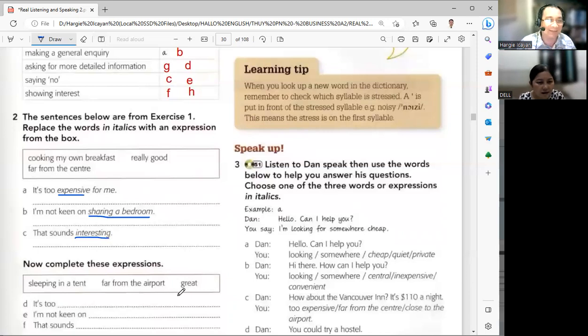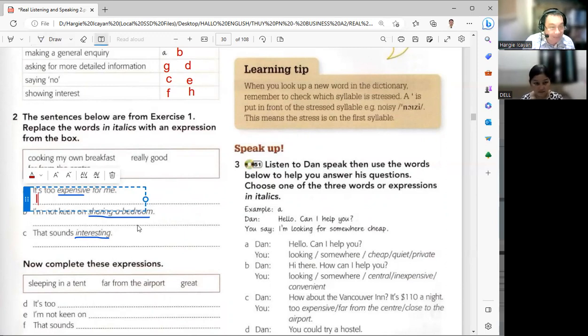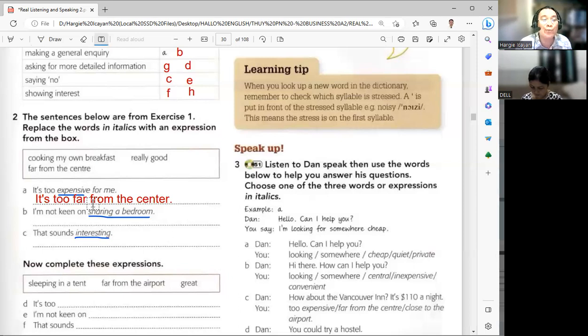When we say, it's too expensive for me, how do you change it? It's too far from the center. Yes, so aside from saying it's too expensive for me, you may also say it's too far from the center. What about letter B, Toy?